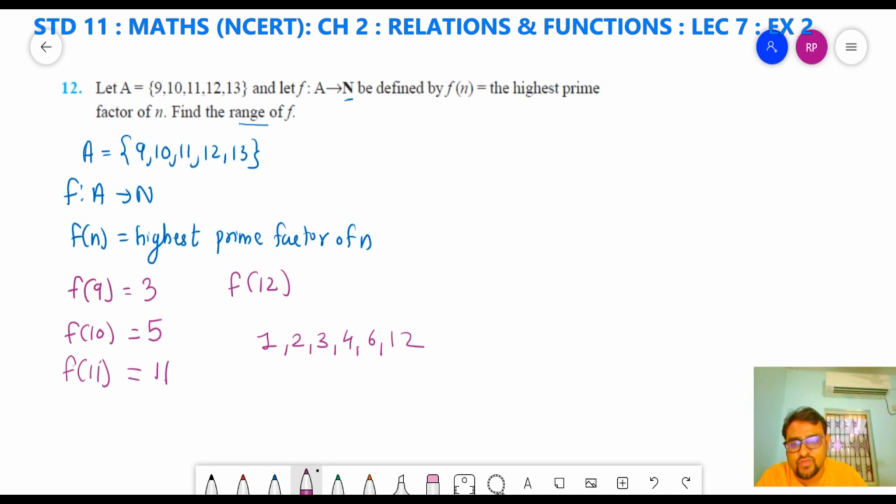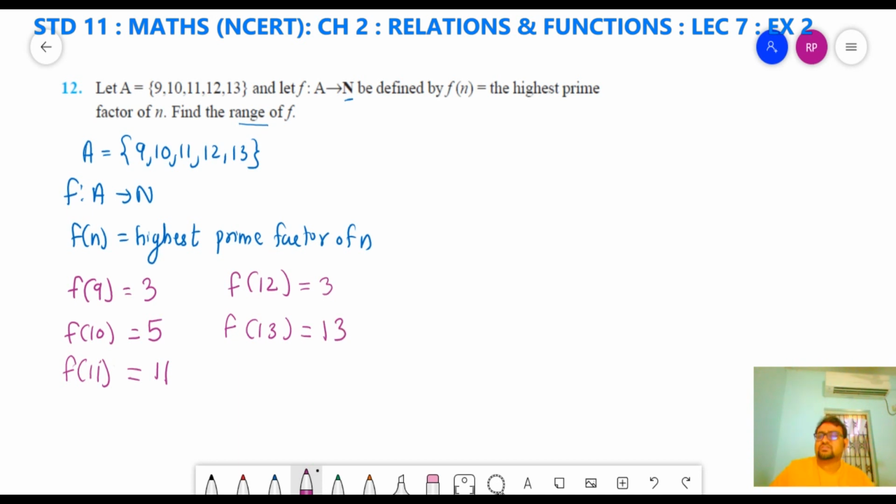How many of them are prime? 2 and 3. Right? And which is the highest? 3. Right? So the answer will be 3. And the last, f of 13. Clear? Now 13, it has only two factors, 1 and 13, and the prime one is 13.